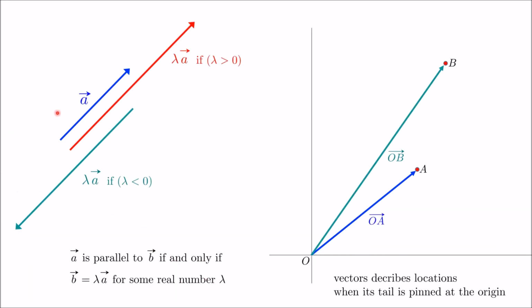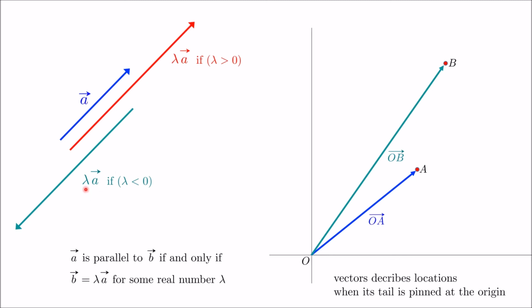Next, we looked into what happens when we take a vector and multiply it by a scalar, so a regular number. If the regular number is positive, we scale its length by the factor determined by that number, in its current direction.